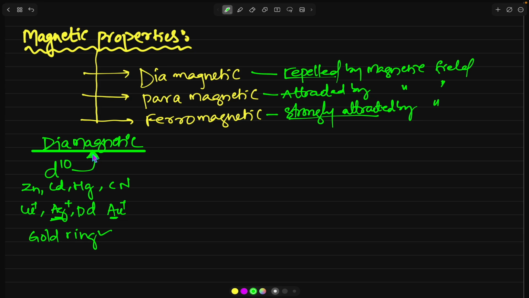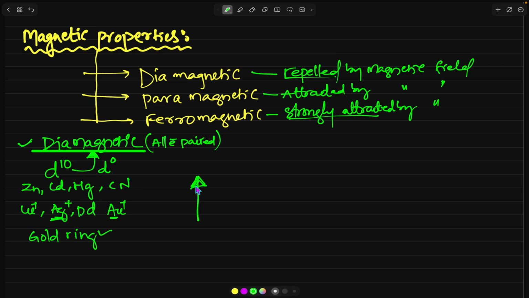So all compounds with d10 configuration, or you can say d0 configuration, also fall into diamagnetic substances, right? Why? Because in all diamagnetic compounds, all electrons are paired. We know that an electron is a charged particle, right?